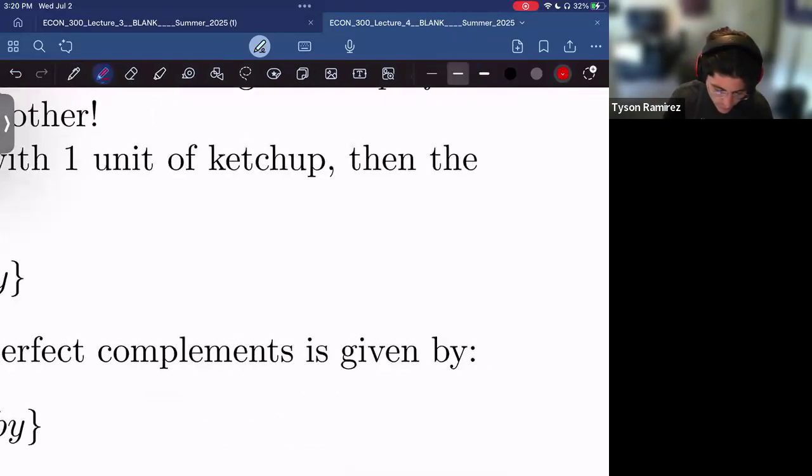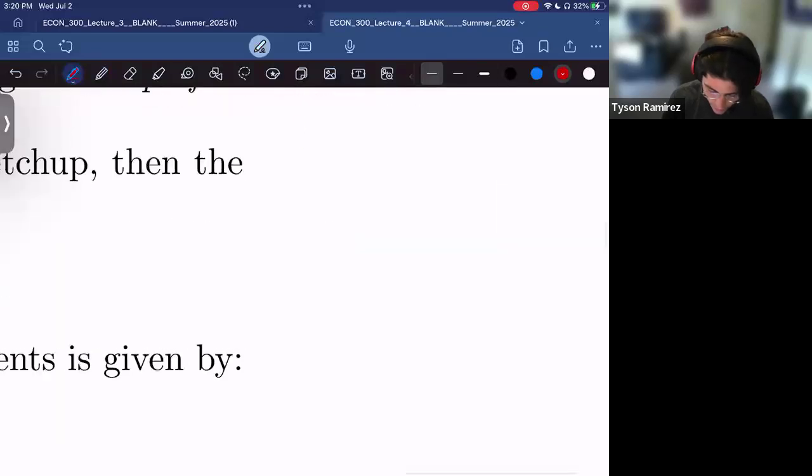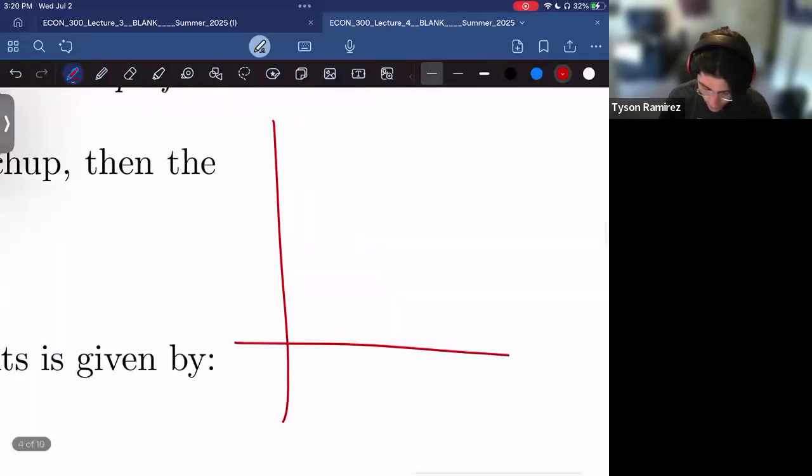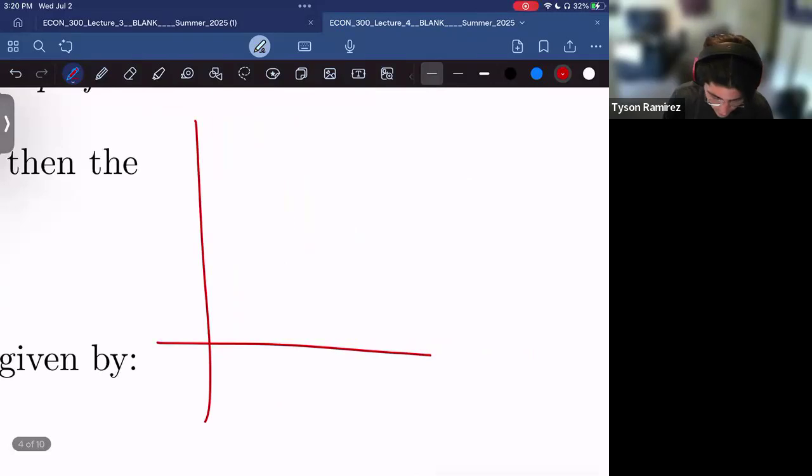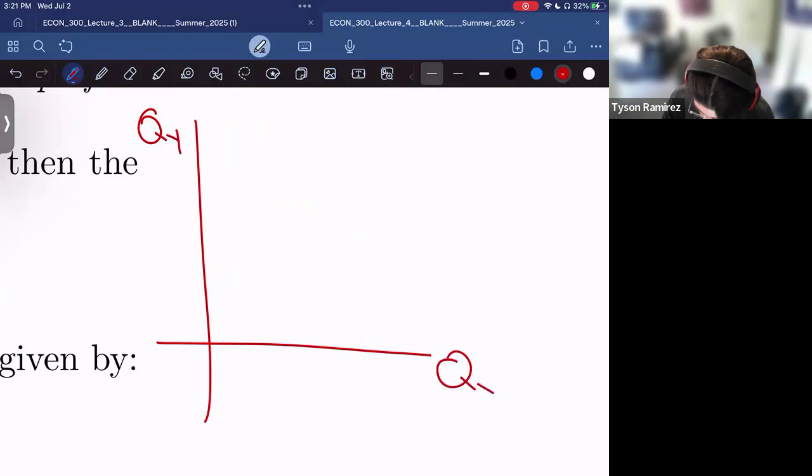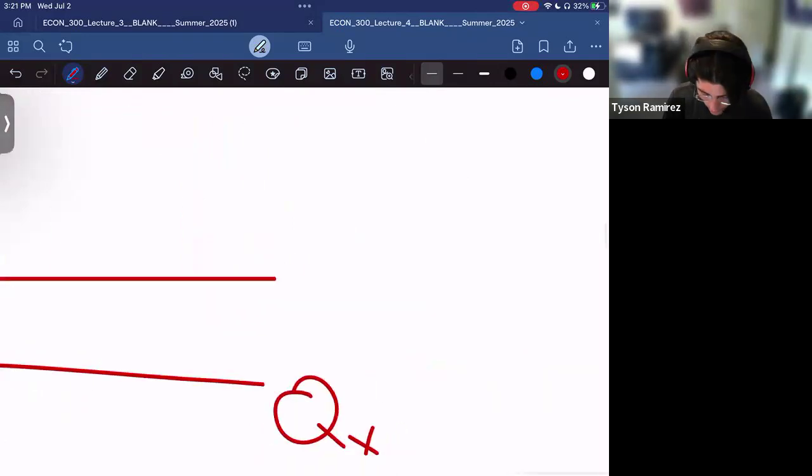Graphically, this looks like, if this is q of y, and this is q of x. Then the min function, if you plug it into Desmos, looks something like this.